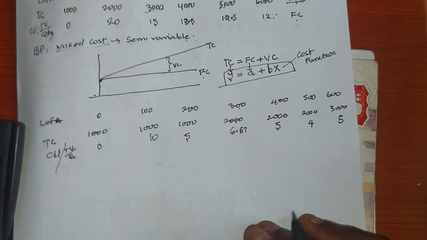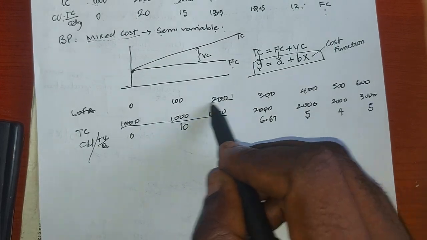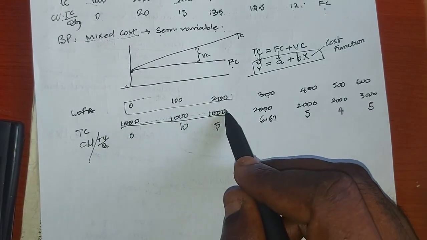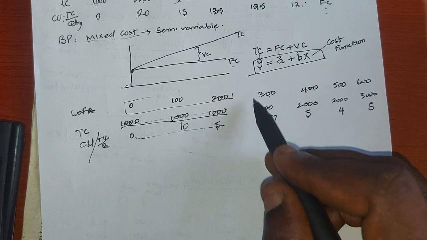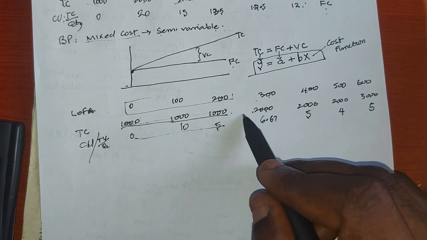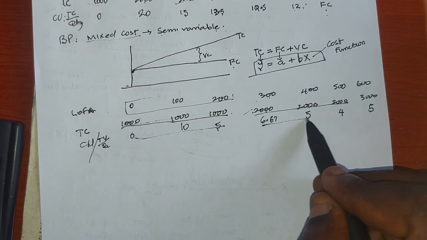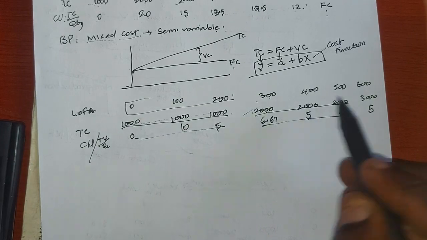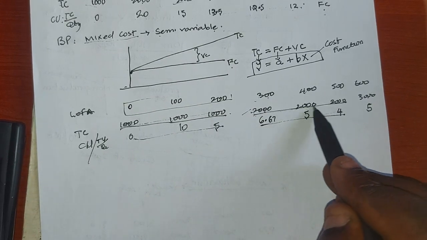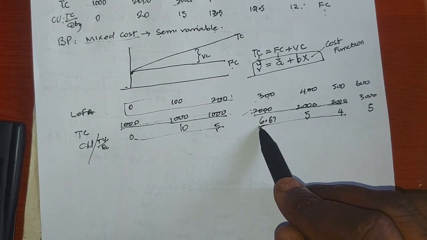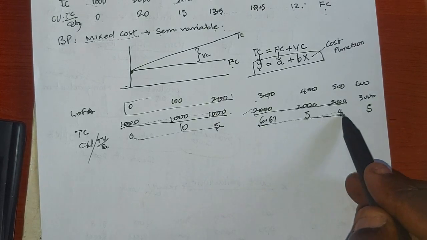We will see that for a range of activity, the total cost remains constant and the cost per unit reduces. For another range, it increases and remains constant for a period of time. The cost per unit also reduces, like fixed cost, because it is fixed in total, and fixed cost per unit also reduces.